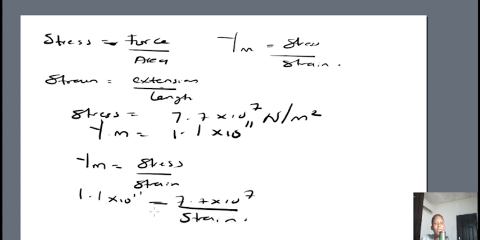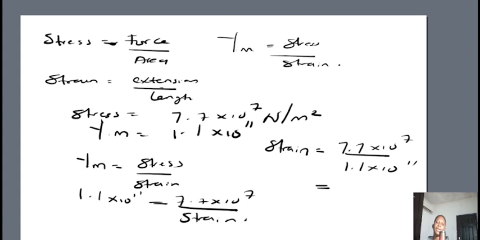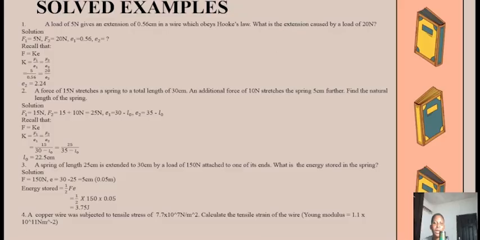So you remember you have to cross multiply. Your strain will then be equals to 7.7 times 10 raised to power 7 over 1.1 times 10 raised to power 11. And if you use your calculator, you're going to get the final answer. And that is it for this topic.